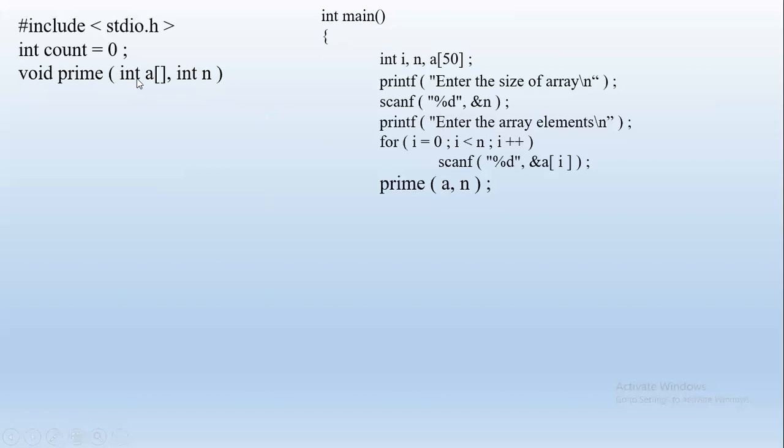Here as well, the first parameter in the formal parameters is an array. Next we have one integer n, so that is also the same. The data types are the same: this integer array is there, and here also it is integer. The next actual parameter is int, and the second formal parameter is also int.